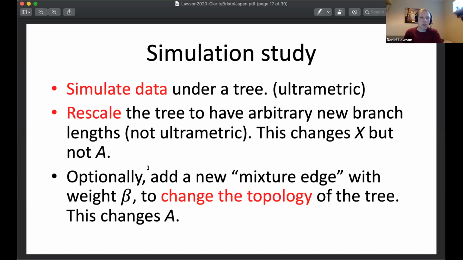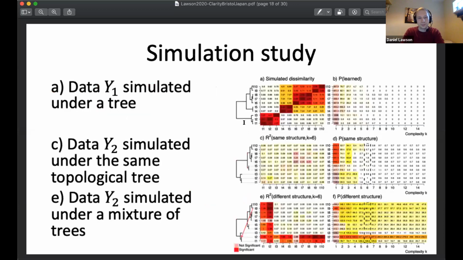So this changes X, but not A. And then optionally, we can then change the structure too. So we take some items from a particular cluster and we add in some similarity with some other bit of the tree, effectively. And this changes A as well as X.